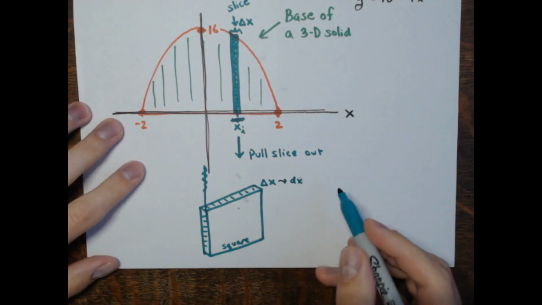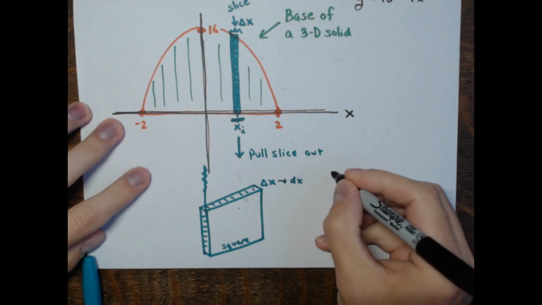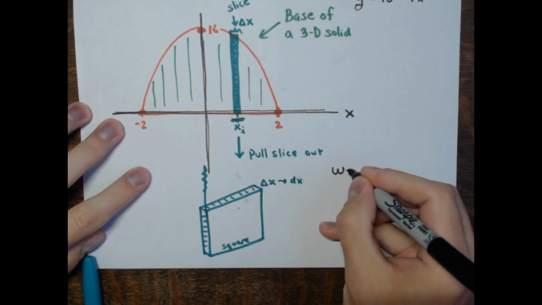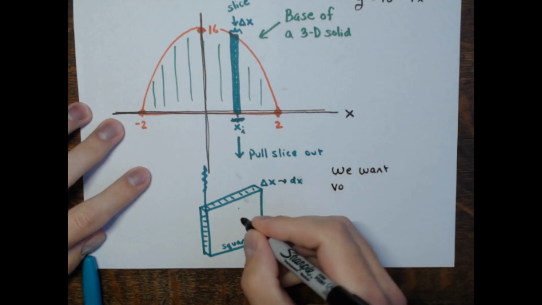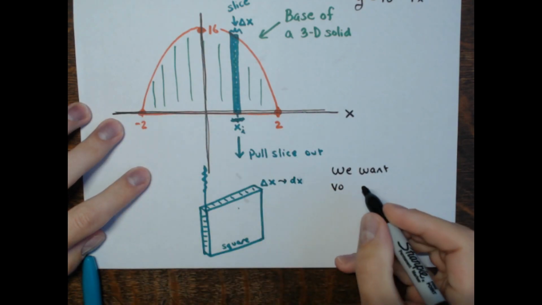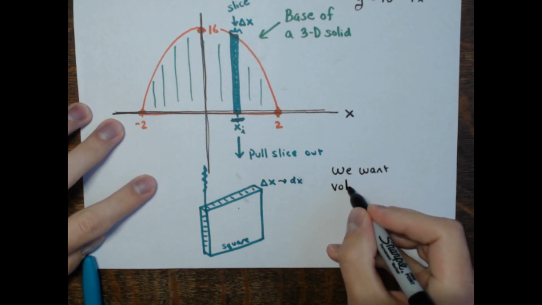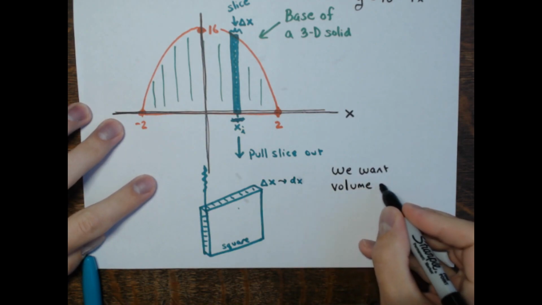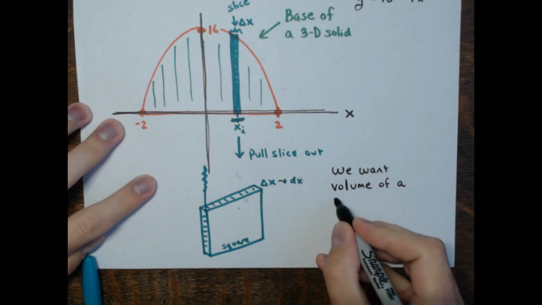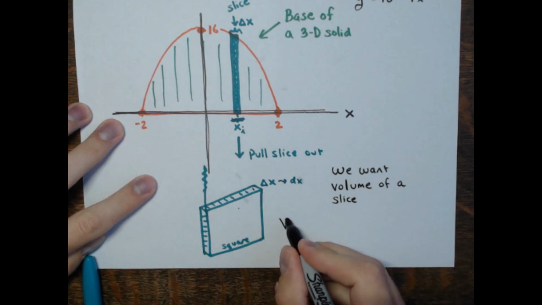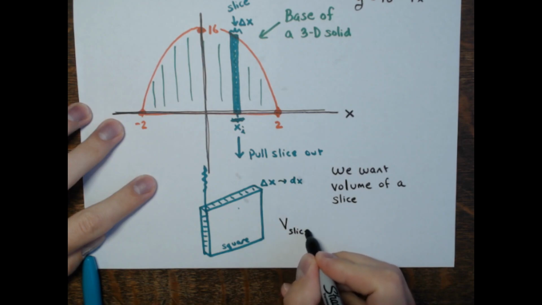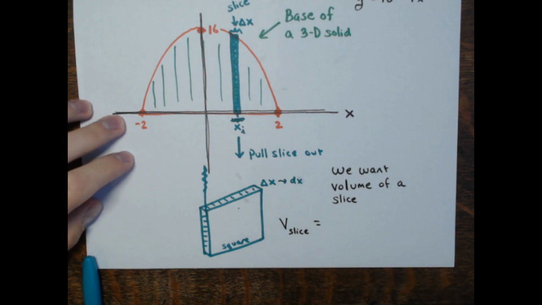And I want the volume of the slice. So let's say we want the volume of a slice, and then we'll add up all the slices, all the volumes of the slices. So the volume of a slice, I'll label it as V slice like this.